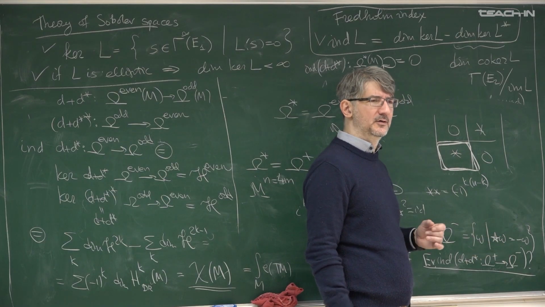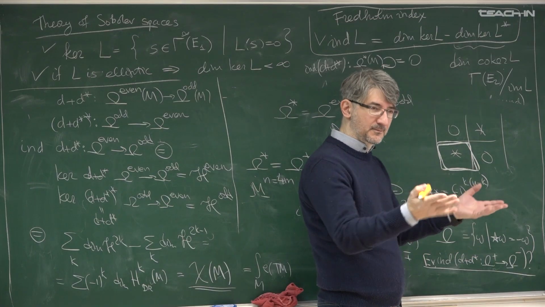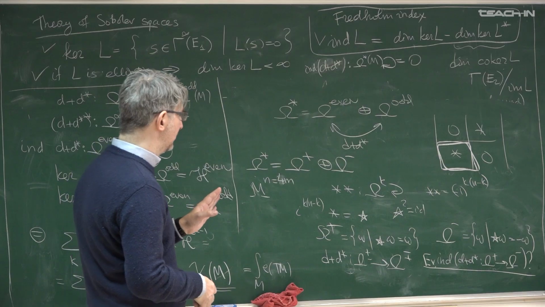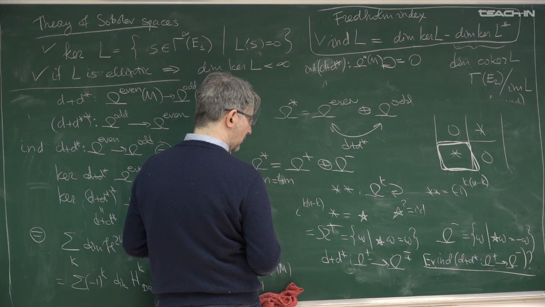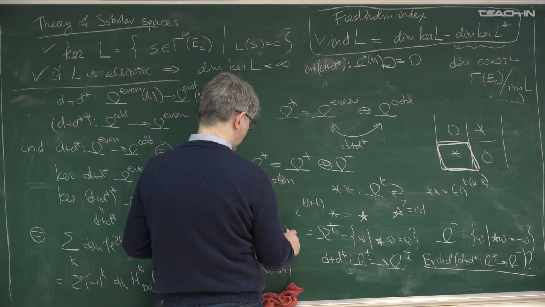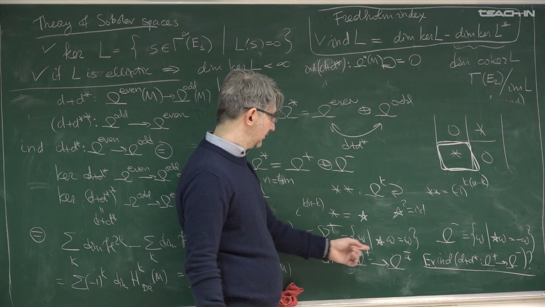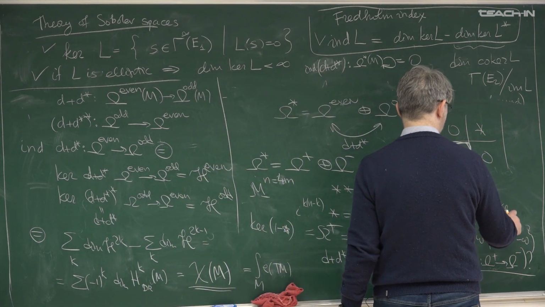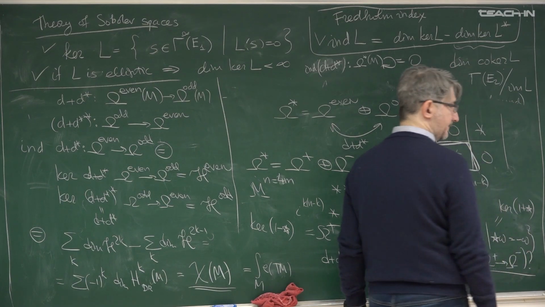We know that sometimes an eigenspace is much smaller than the root space, but nevertheless, it can be done in the following way. You can consider the kernel of what? Of this operator, 1 minus star. The kernel of this consists of these things. And this can be defined as a kernel of another operator, 1 plus star.